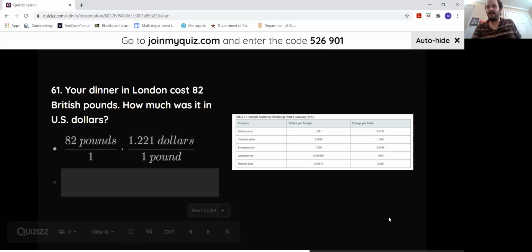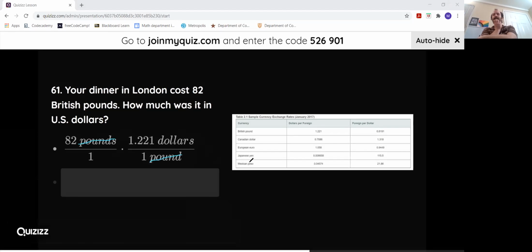And this goes back to the unit analysis, right? I want to know whether I'm putting this on top or bottom, how this thing goes. And so I want to set this up so that my pounds will simplify out with my pounds. So those are the two things you're trying to get to simplify out.